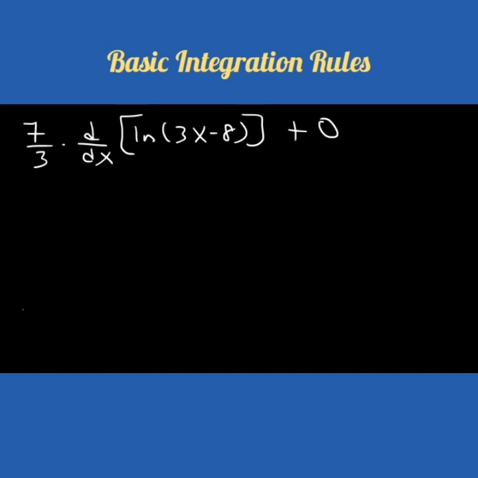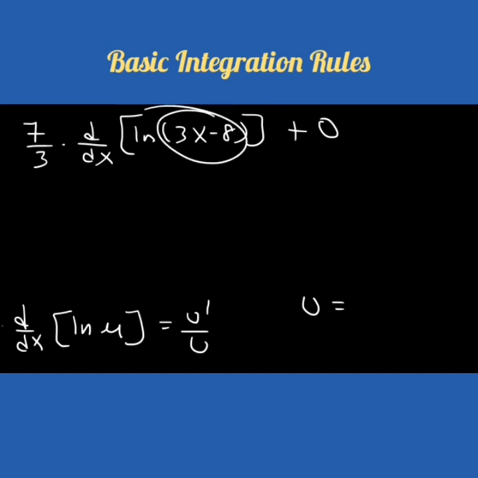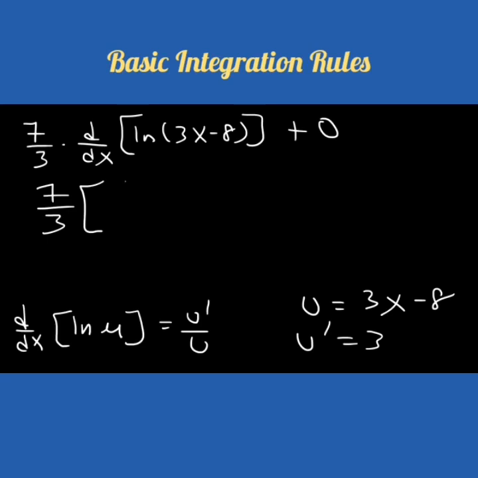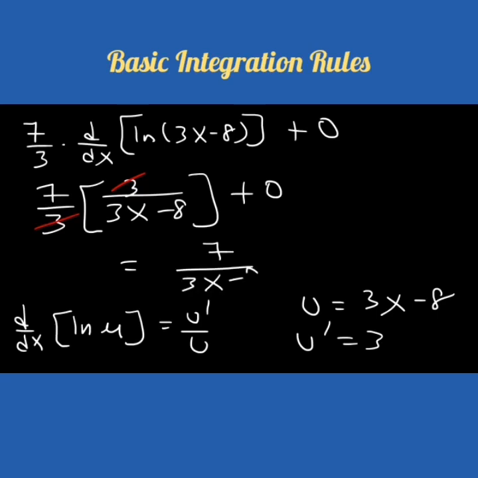Next, so ang derivative ng ln u natin is equal to u prime over u. So ang u natin is 3x minus 8. Then, ang u prime natin is 3. So, 7 over 3 times 3 over 3x minus 8 plus 0. Then, cancel 3. So, ang may iwan na lang is 7 over 3x minus 8. So, we got the correct answer.